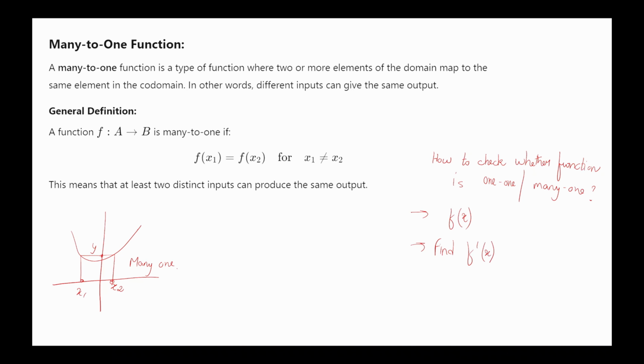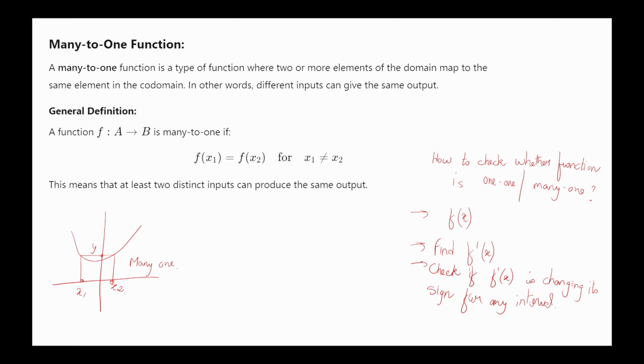Once we have found our f dash x, we check if for any interval f dash x is changing its sign.